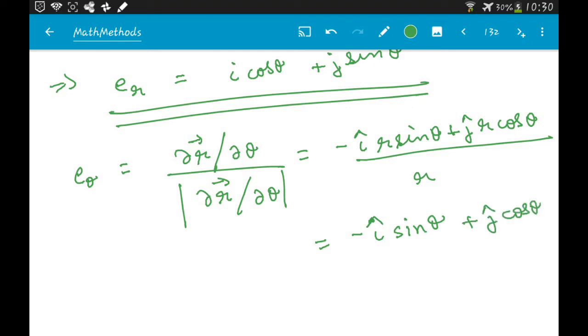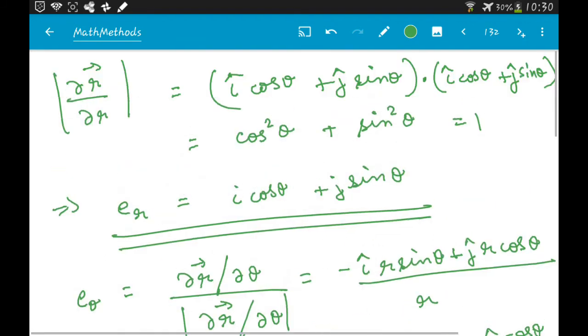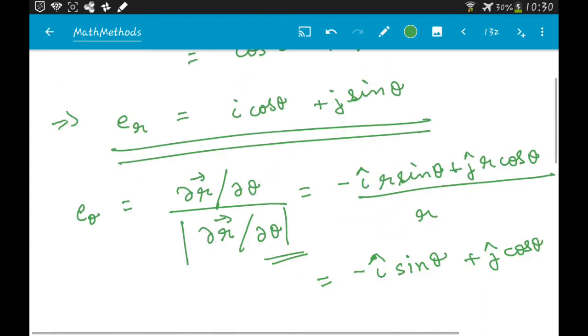You need to calculate this in the same manner as I have done for that, right? So what is dou R by dou r is this. So similarly the norm of this is the vector dot product with itself. Similarly you calculate dou R by dou theta and then you do a dot product with itself and you will get r.